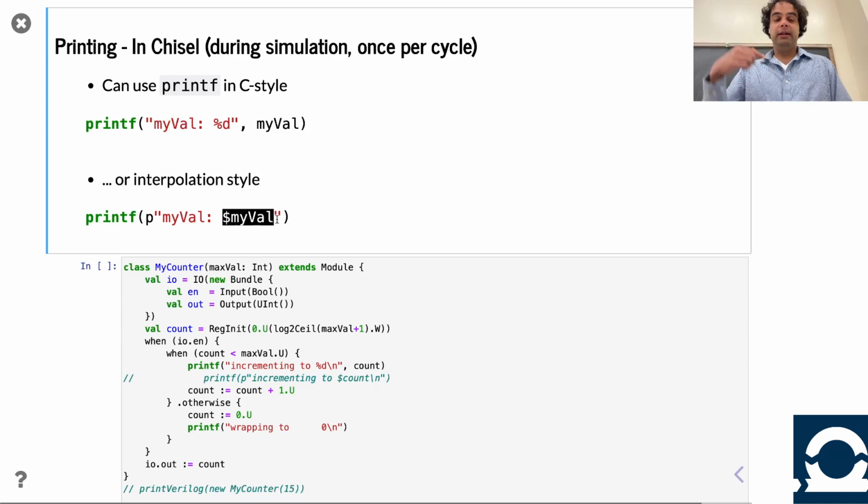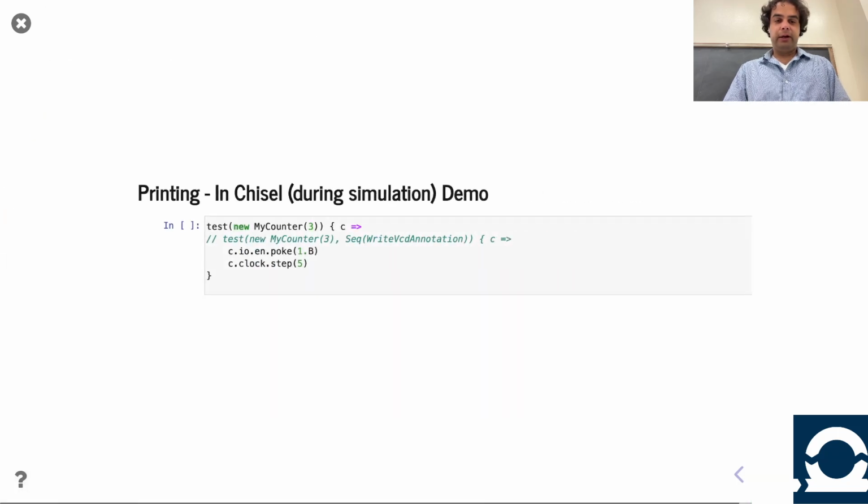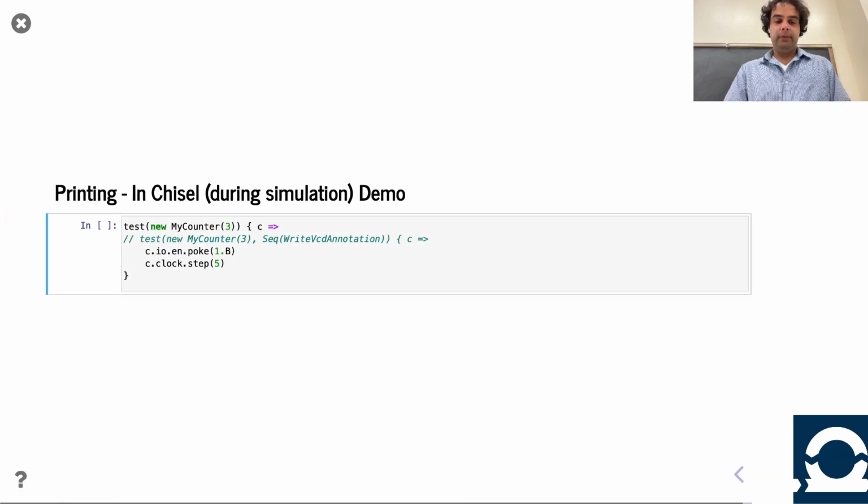And this will be substituted as simulation is running, right? So here we have a counter from before, but I wrote it using the when syntax. And I chucked in a couple printf statements in there. So now if we set this up, on the next slide, go ahead and run it, what happens?